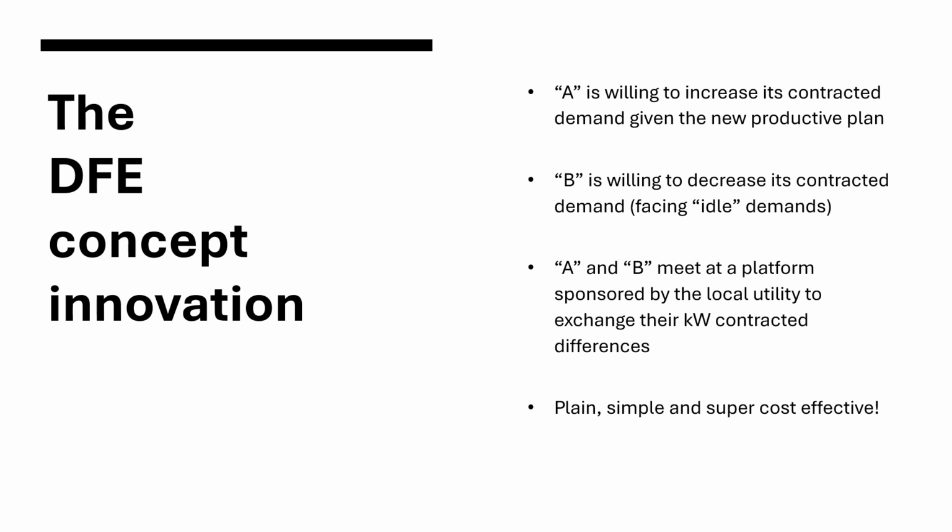So the demand flexibility exchange is a place where A and B will meet in a platform sponsored by the local utility company to exchange their kilowatt contracted differences. It is very plain, simple, and super cost effective, as I will show you.